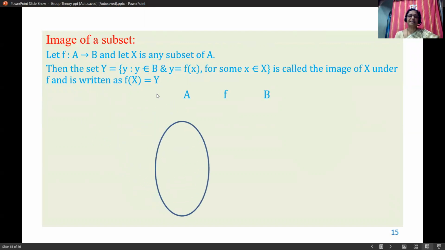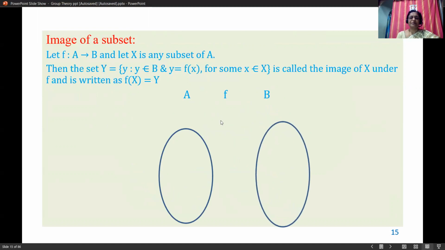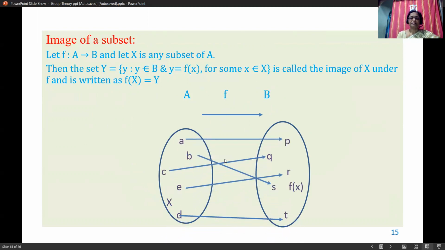So again, let us see this with the help of a Venn diagram. I have considered a function from A to B. So these are the two sets A and B, and there is a correspondence, that is, the mapping f. Now a, b, c, e and d are the elements of A, and p, q, r, s and t are the elements of B. Now I will consider the subset X of A. The subset X of A contains elements b and e.